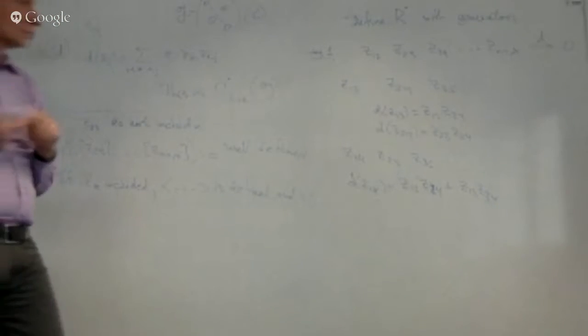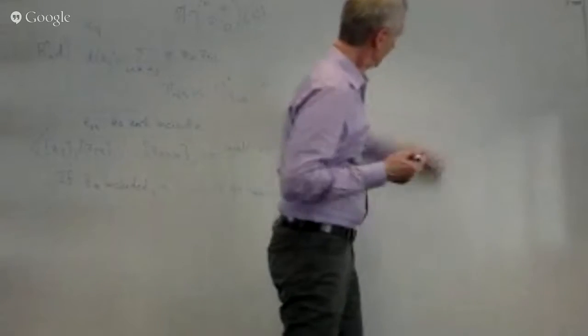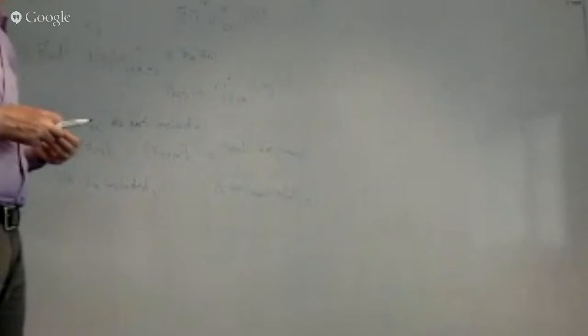Now compare this with the definition. You want to recover n equals 2 basically, the Legendre symbol. If you want to have the Legendre symbol, it means you have just one guy.